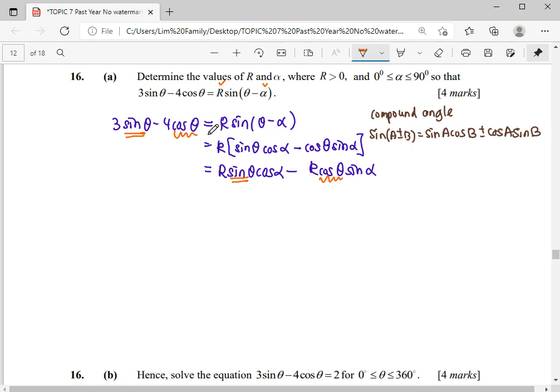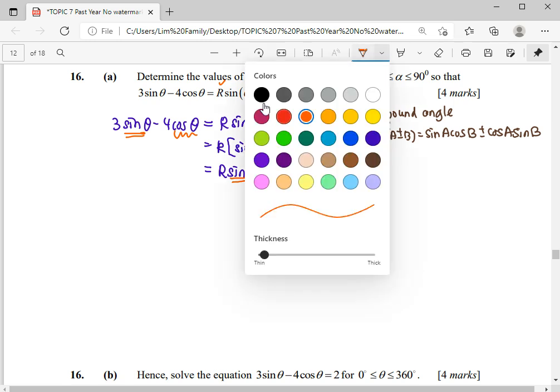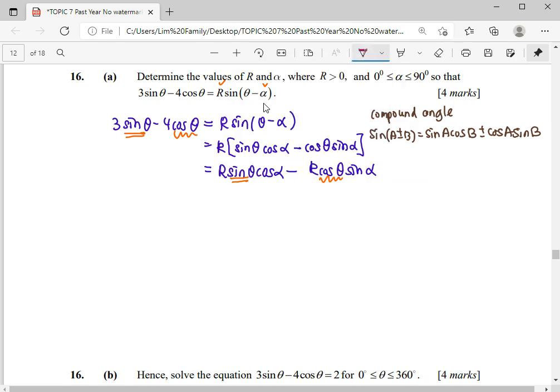So from here we get two pieces of information to find R and alpha. We are going to compare our expanded form with our question.